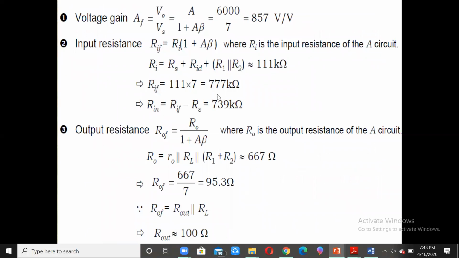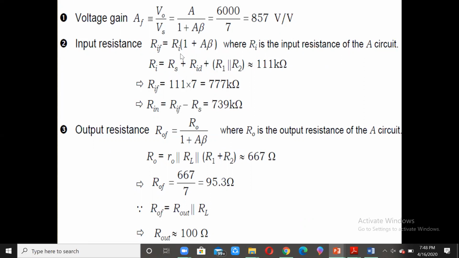So the voltage gain AF is equal to A by 1 plus A beta. 1 plus A beta is the quantity which we need to find, and that will be 1 plus 6000 into 10 to the power of minus 3, which is 7, and we will have the value 857. Similarly, the input resistance RIF is equal to Ri into 1 plus A beta.